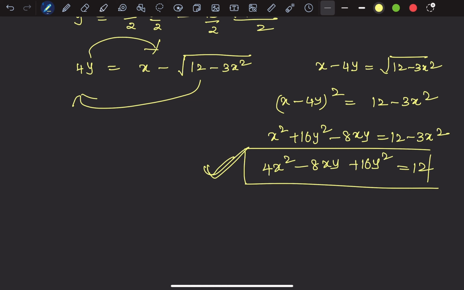So this particular equation is not there in the option. So what we can do is you can take out 4 from the equation. Then you'll get x square minus 2xy plus 4y square is equals to 3. So this is there in the options and this is your final answer.